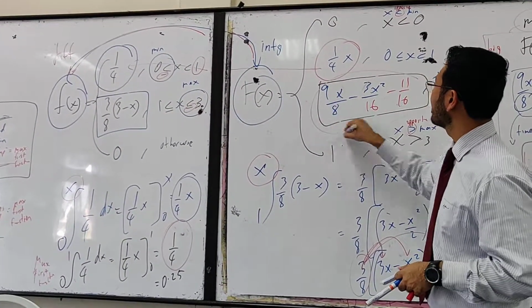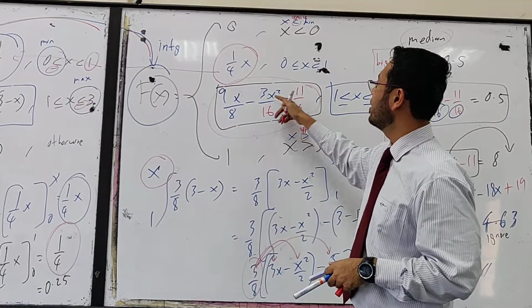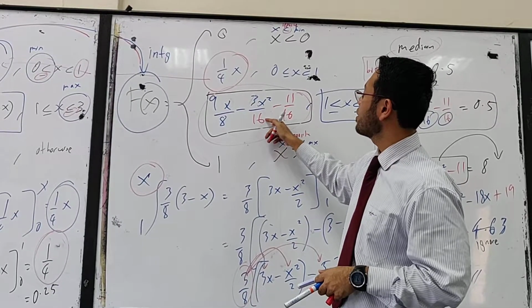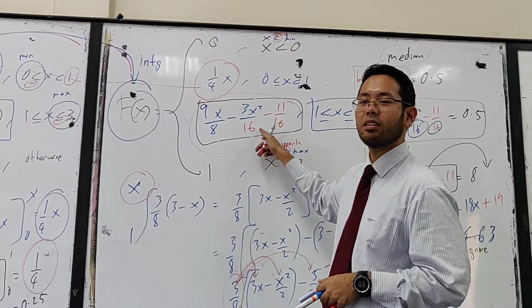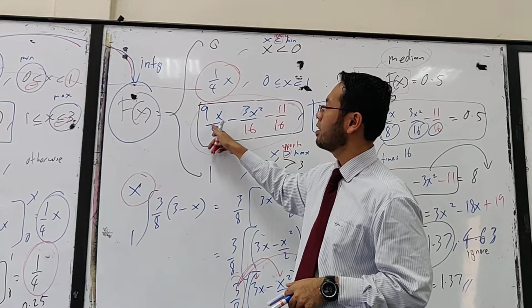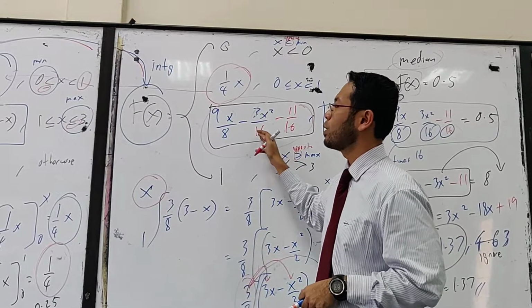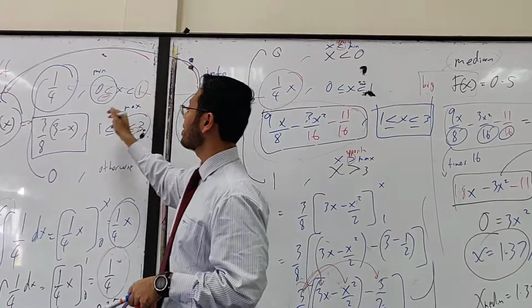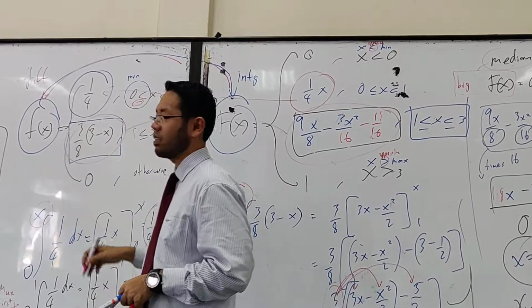And then negative 11/16 differentiate, 0. 3x squared over 16 differentiate, 2, 3/8. This one differentiate, 9/8. We got 9/8, 3/8. What do we do? You factorize and you get yourself this one.